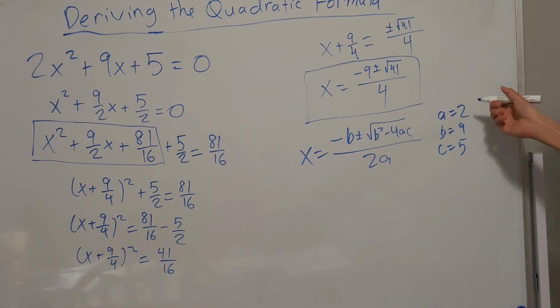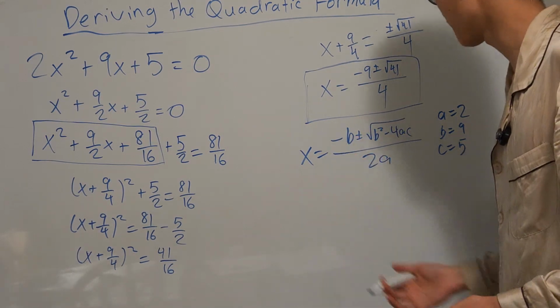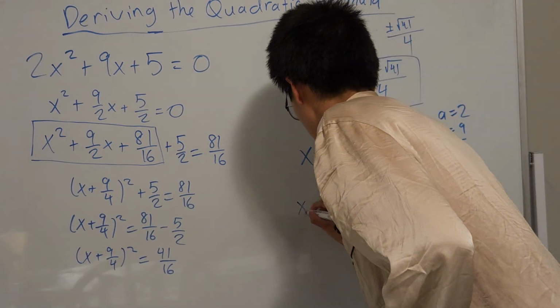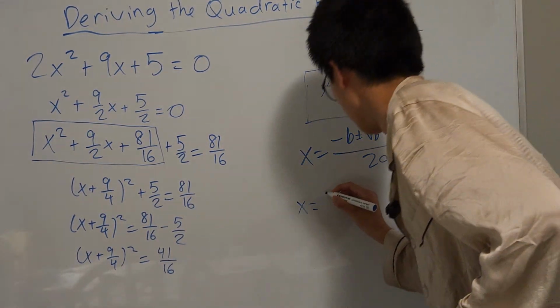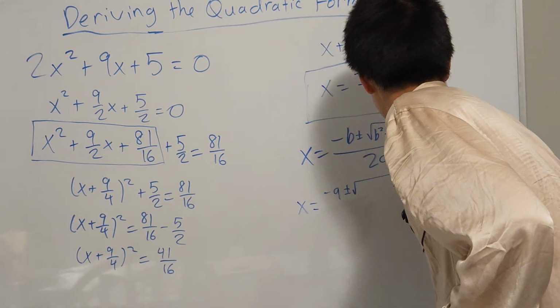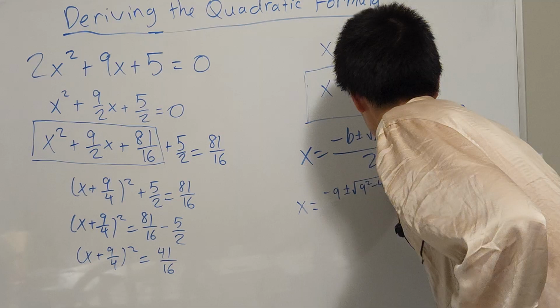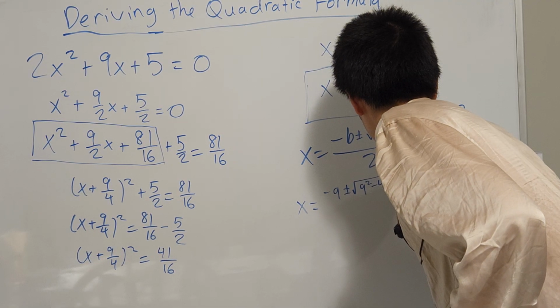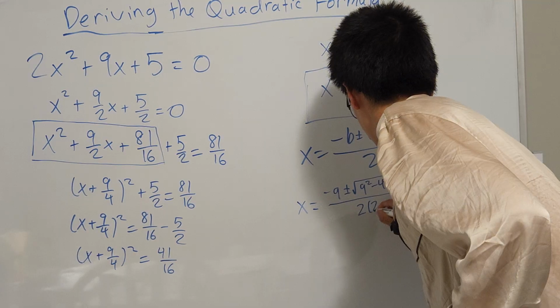And what I'm going to do is just substitute into this equation for x right here. x equals, so b is 9, so it will be negative 9 plus minus the square root of 9 squared minus 4 times 2 times 5, over 2 times 2.